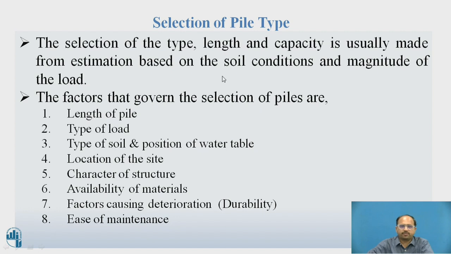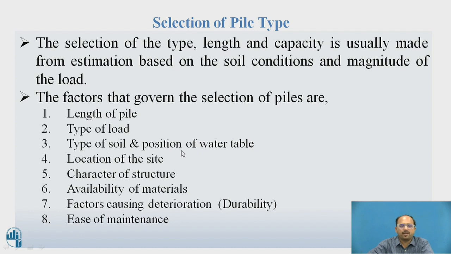Selection of pile type. The selection of pile type, length and capacity is usually made from estimation based on the soil condition and magnitude of the load. While selecting the pile type, some factors affect the pile foundation. The first is the length of the pile, the second is the type of load, and the third, which is very important, is the type of soil and position of water table.